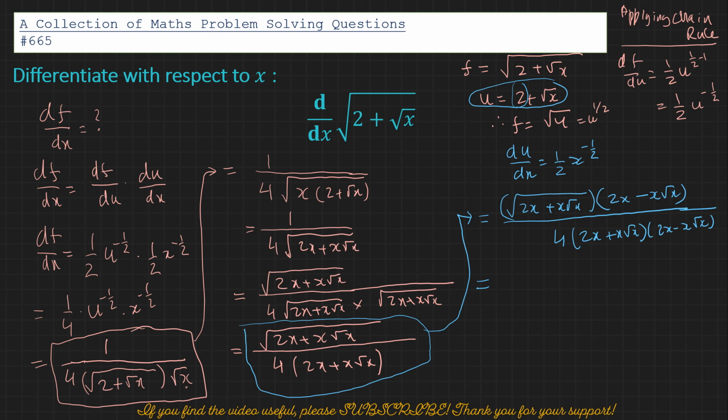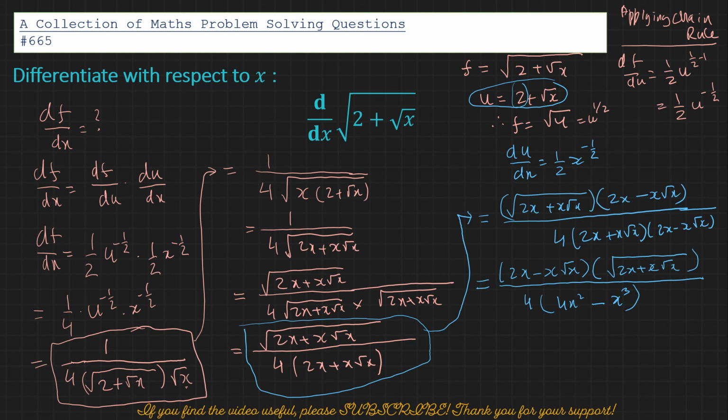Then what we get is 2x minus x root x times the square root of 2x plus x root x, and the whole thing divided by 4 times, now the square, 4x square minus x times x, x square times x, so that's x cube.